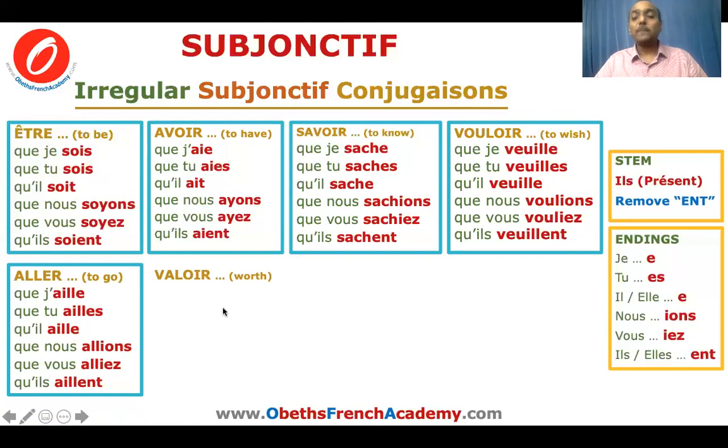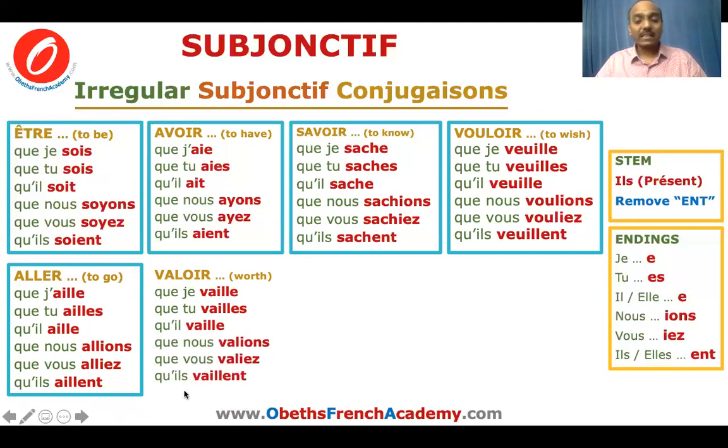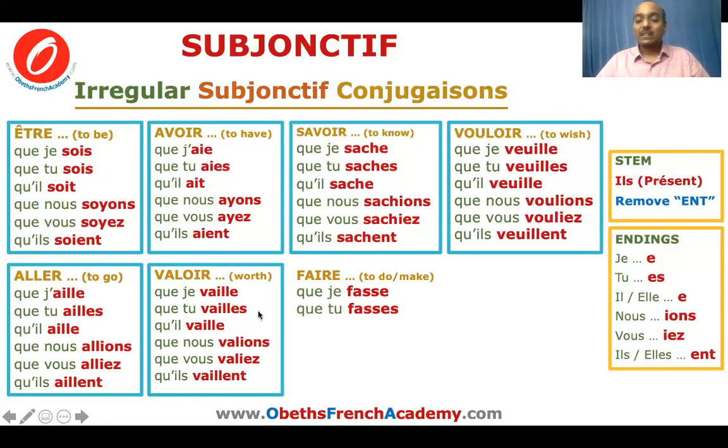Same way for the verb valoir, to know the worth. Que je vaille, que tu vailles, qu'il vaille, que nous valions, que vous valiez, qu'ils vaillent. The same way for this verb faire, que je fasse, que tu fasses, qu'il fasse, que nous fassions, que vous fassiez, qu'ils fassent.